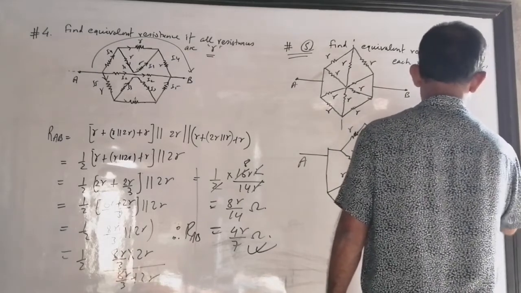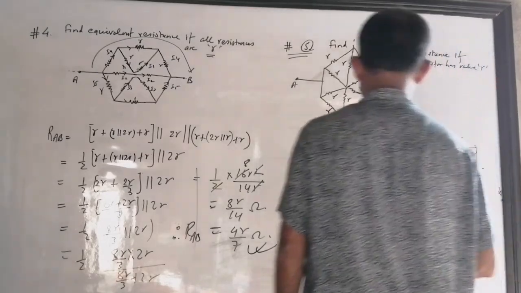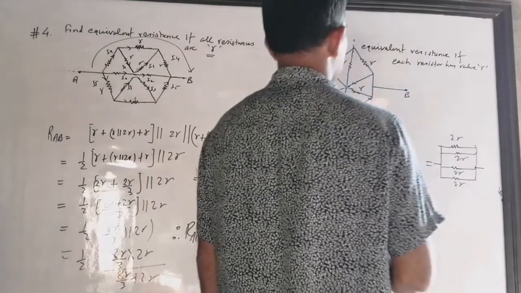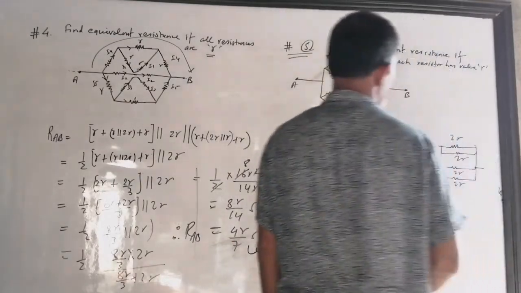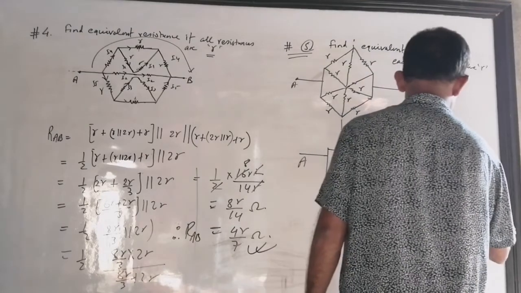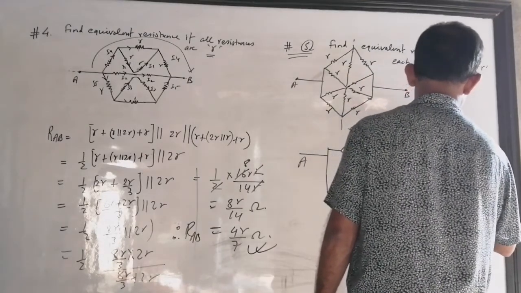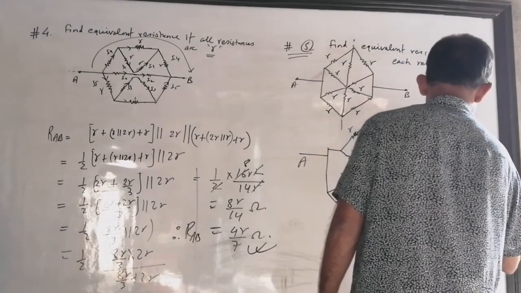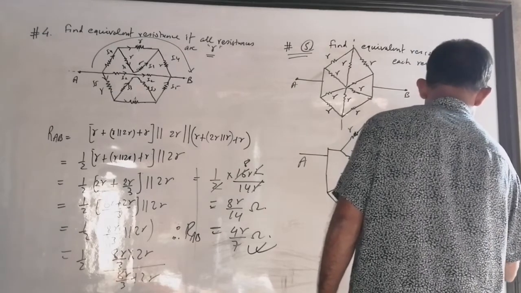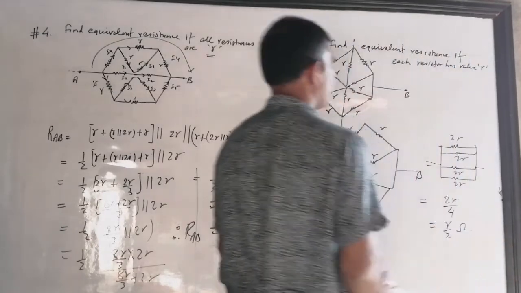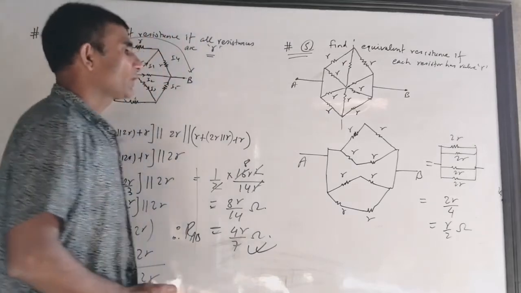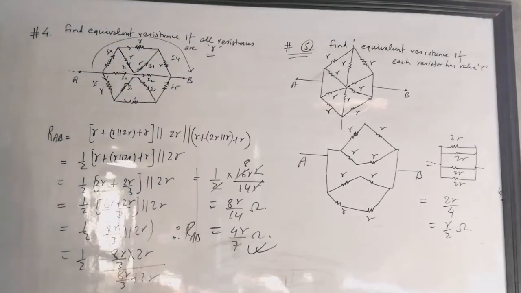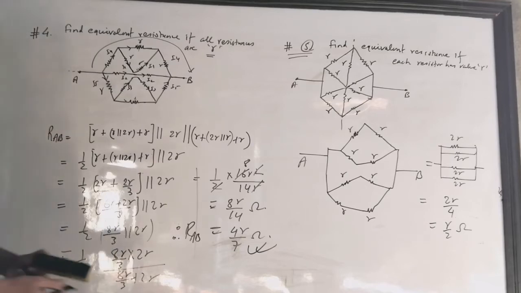So all together I get four 2R resistances in parallel. Four equal resistances in parallel, so divide by the number: 2R divided by 1, 2, 3 and 4. So 2R divided by 4 becomes R by 2. So the equivalent resistance from A to B in this case is R by 2. Are you getting this? I think you all got that value.